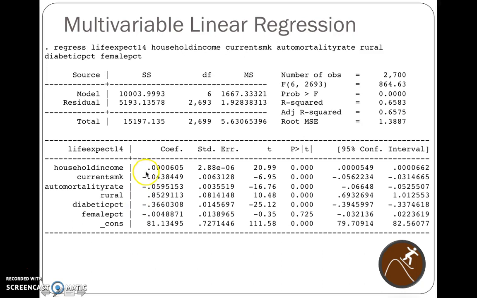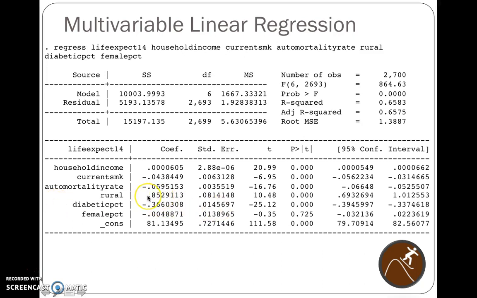And we can also read into these coefficients as well. We see that this coefficient here, household income, is positive: as income goes up, life expectancy goes up. As smoking goes up, life expectancy goes down. As the auto mortality rate in the county goes up, life expectancy goes down, as you would expect.